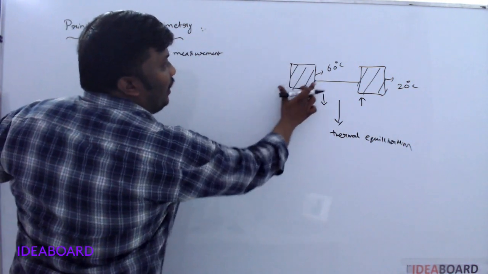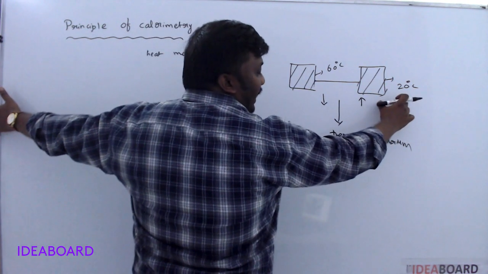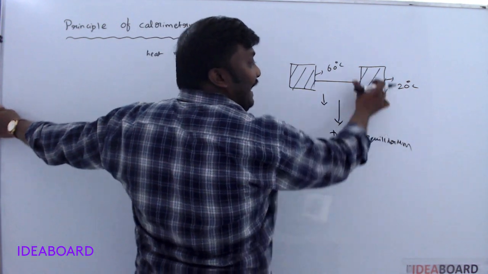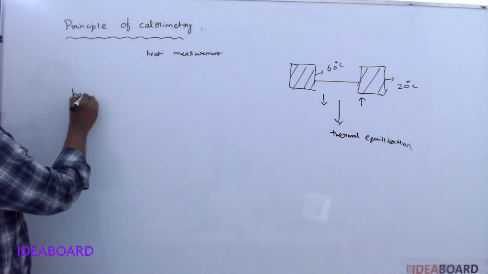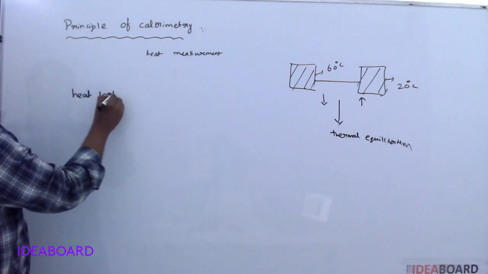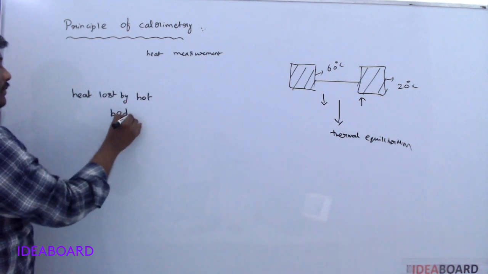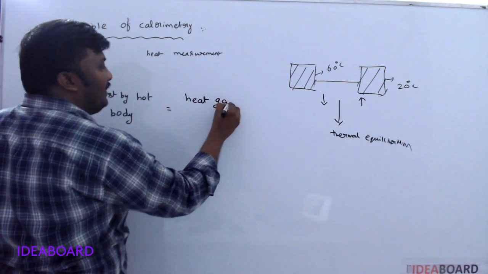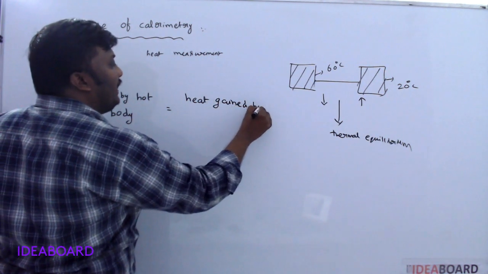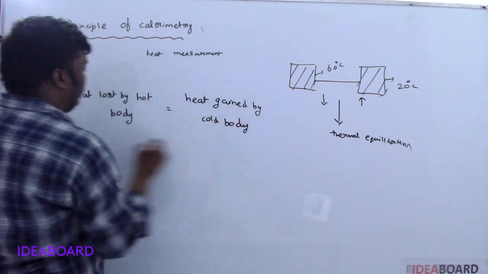So what is the principle of calorimetry? Here the hot body loses heat and the cold body gains heat, which means heat lost by hot body is equal to heat gained by cold body.